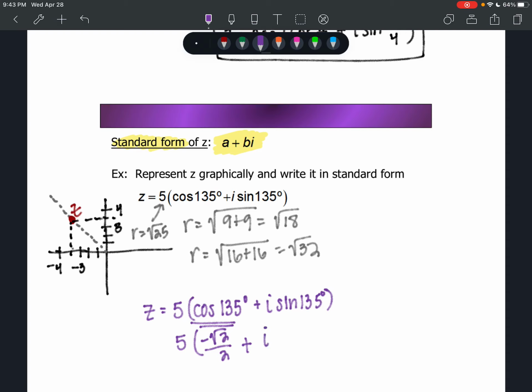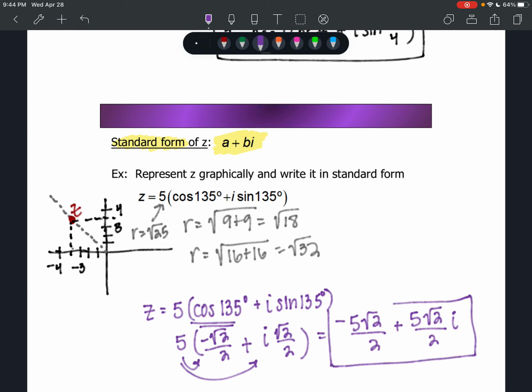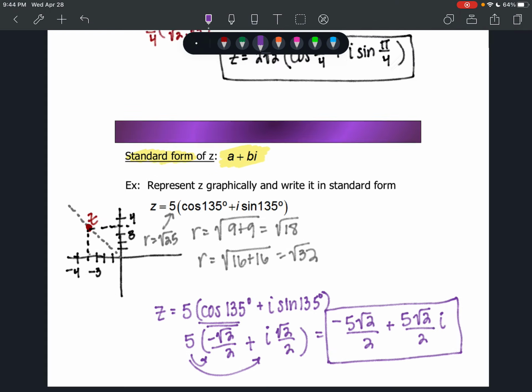And then the sine of 135 degrees is positive square root of 2 over 2. I'm going to distribute the 5 through to both parts, and I get negative 5 times the square root of 2 over 2 plus positive 5 times the square root of 2 over 2, and then I'm going to put i in the middle of that fraction.